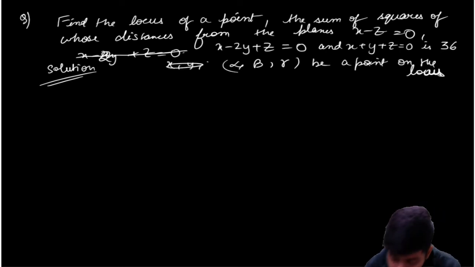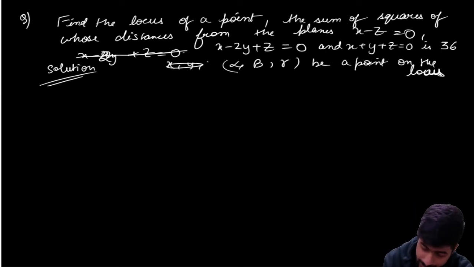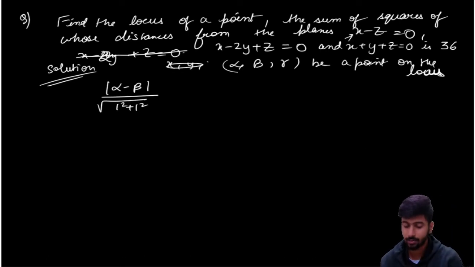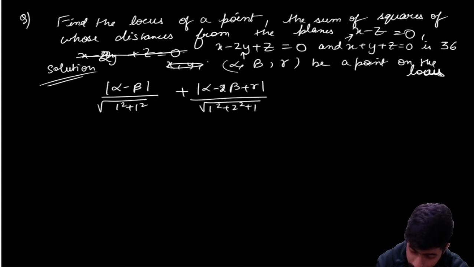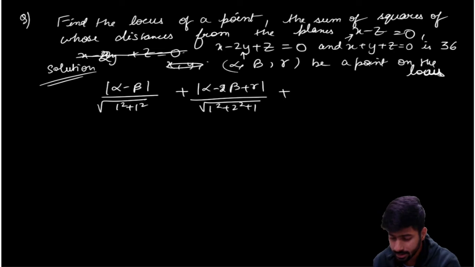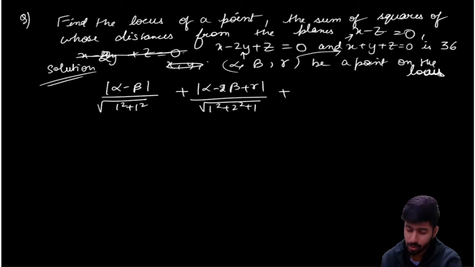So distance from the plane x minus z is, I'll just put this point in the plane, mod of alpha minus gamma divided by under root 1 square plus 1 square, which is this, right? For this plane, the distance. This has to be added to the distance from this plane, which is nothing but alpha minus 2 beta plus gamma by under root 1 square plus 2 square plus 1, plus alpha beta gamma to be put in this now.